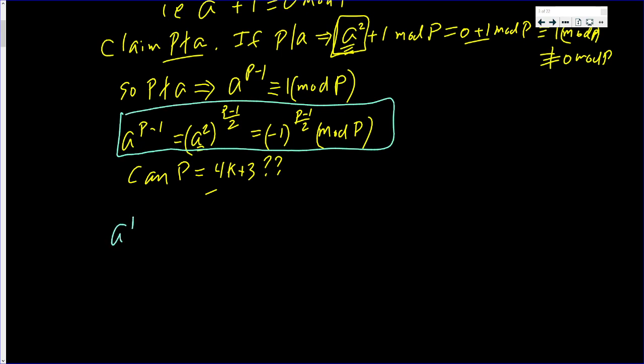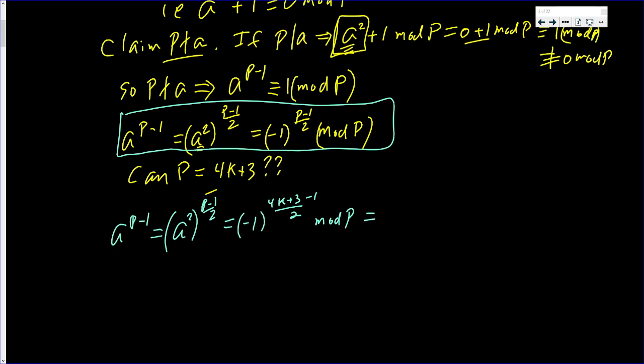We have a to the p minus 1 is equal to a squared raised to the p minus 1 over 2, which is equal to negative 1 to the p, which is 4k plus 3 minus 1 over 2 mod p.